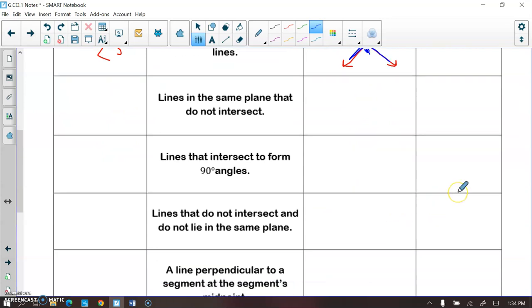Lines in the same plane that do not intersect, those are parallel lines. What I mean by this is, if I had a cube, you're going to do your best to draw a cube right now.